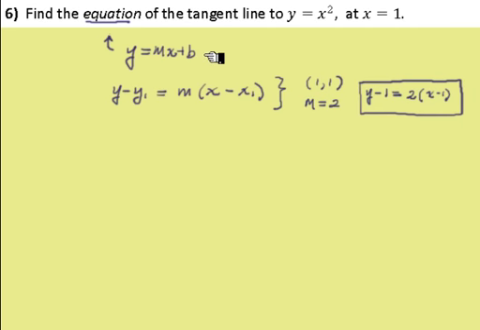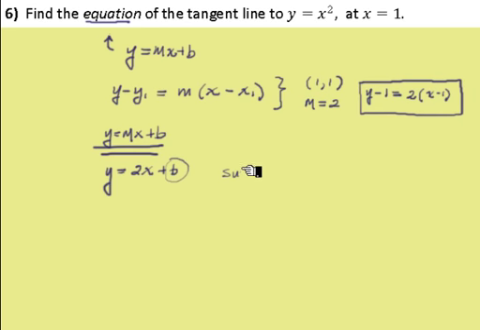If you prefer the form y = mx + b, we can do that too. What we do first is fill in the slope of 2. And then to find b, we're going to sub in our point (1, 1).